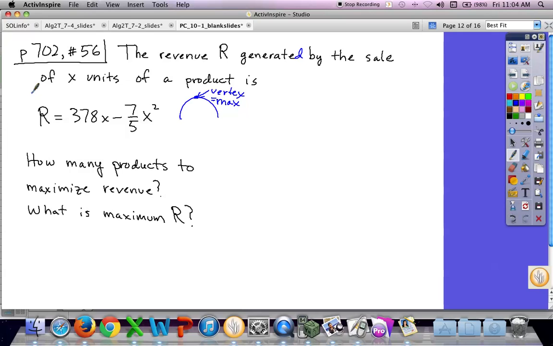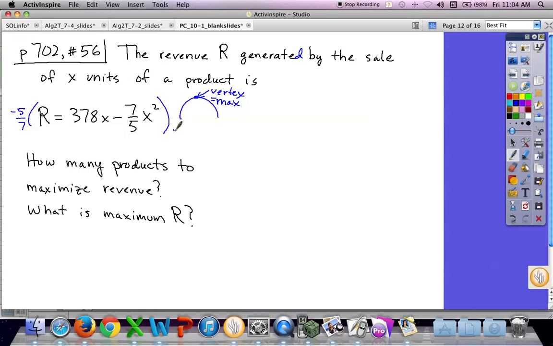What should I multiply by here so that I've got a positive 1x squared? Negative 5 over 7, right? We need this to be a positive one, so multiply this whole thing by negative 5 over 7.